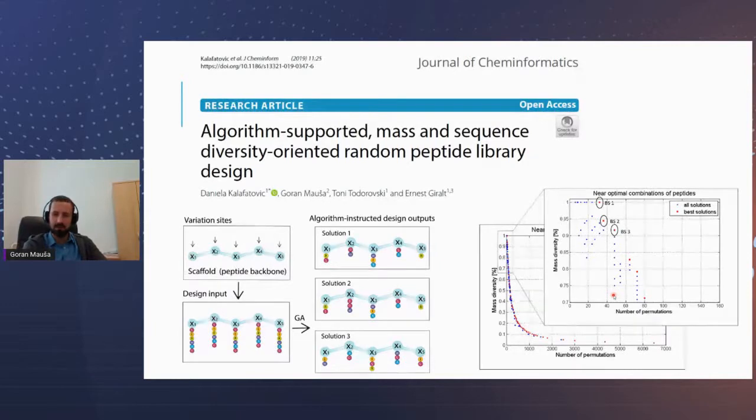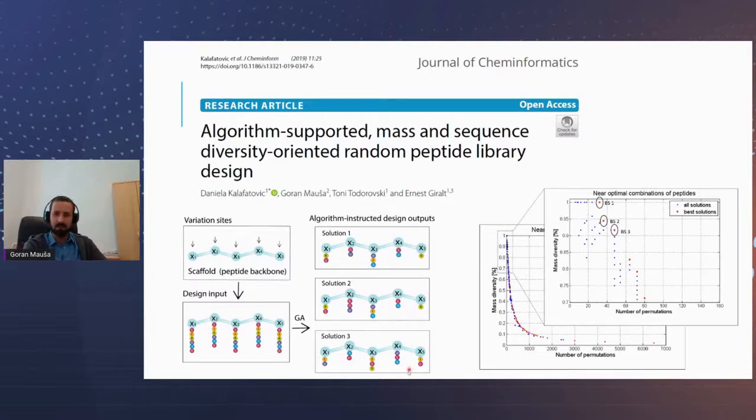So here is an example of an input to our algorithm where we can say, okay, for each of the 5 positions in a short peptide that only has 5 amino acids, please consider these 6 amino acids for each position. If we were to put all these amino acids in the mixture, we would come up with 6 to the power of 5, which is 7,700 peptides.